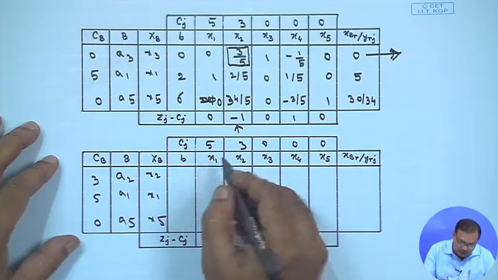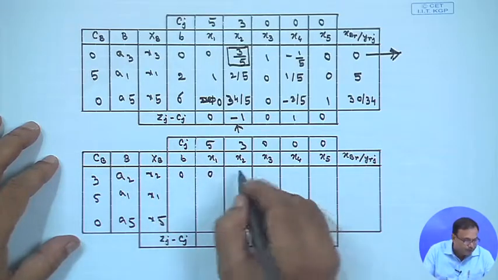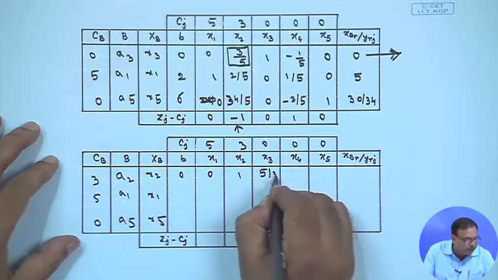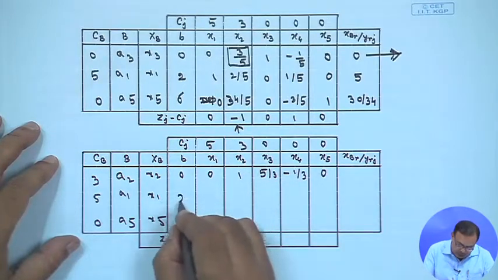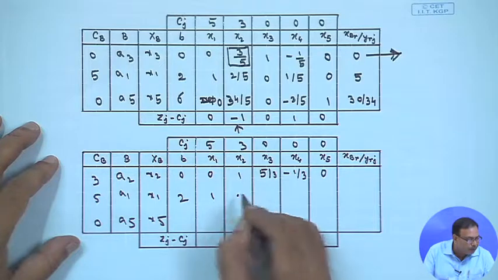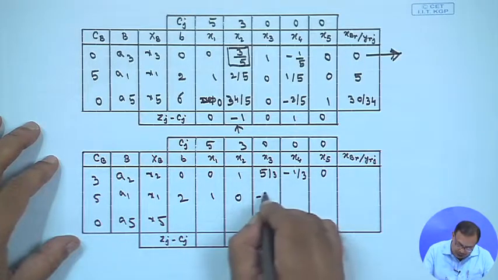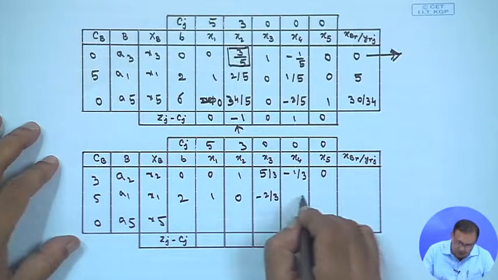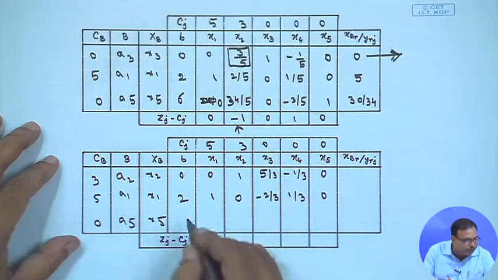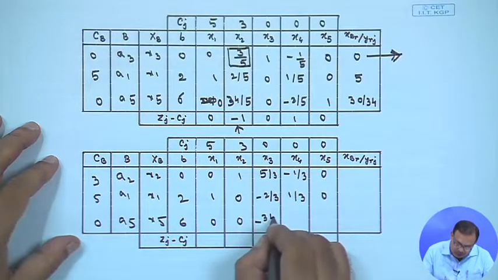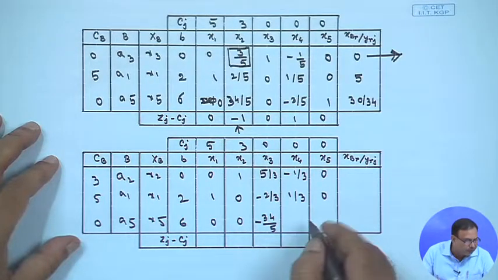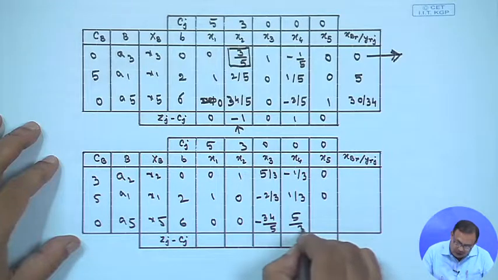I am writing directly 0, 0, 1, 5 by 3, minus 1 by 3 and 0. This will be 2, 1, 0, 2, 1, 0, minus 2 by 3, 1 by 3, 0, 6, 0, 0, minus 34 by 5, 5 by 3.